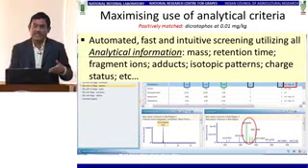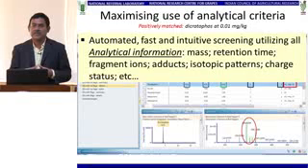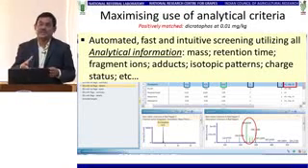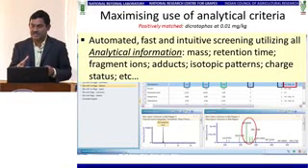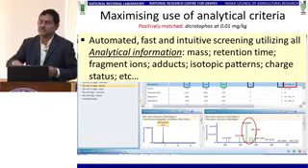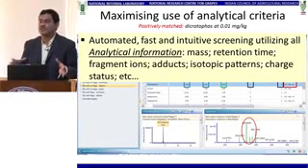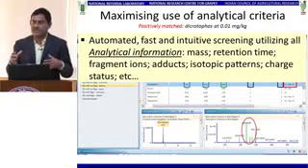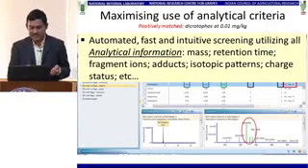And this is very important because it is not possible to purchase too many reference standards in a laboratory. When you do not have a reference standard but still want to comment on whether a compound is present or absent, then it is very important that you have lots of subsidiary information. Additional information is always helpful to develop more confidence in your analytical result.